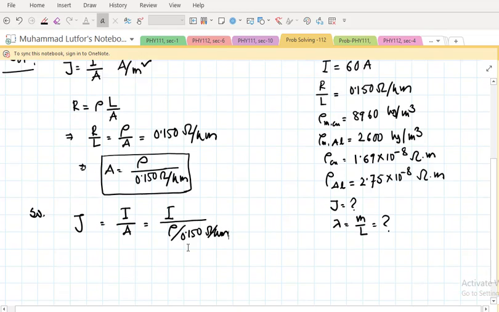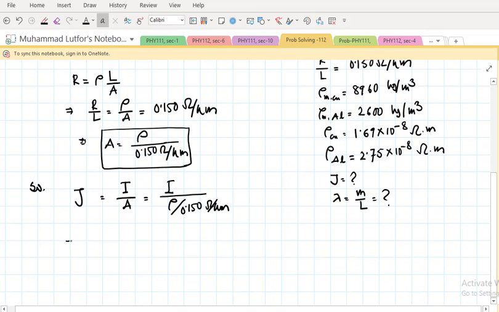If you solve this, you will find the current density is I into 0.150, divided by resistivity into 1000, which converts kilometer into meter.